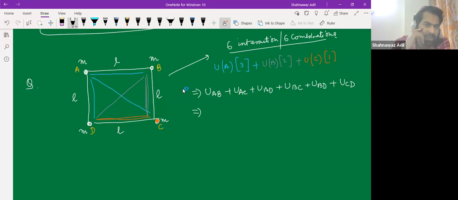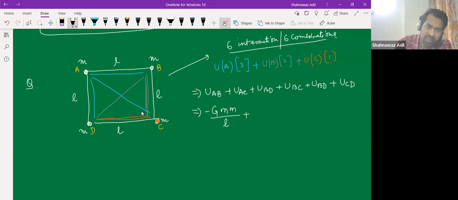M. M2 is M, and the separation is L, the distance between A and B. So simply minus G m1 m2 divided by L, that is the potential energy, right? Similarly, what would be A to C?